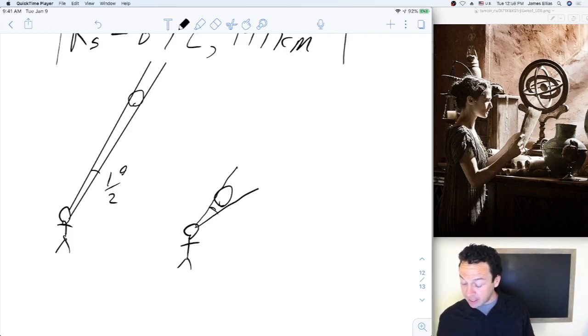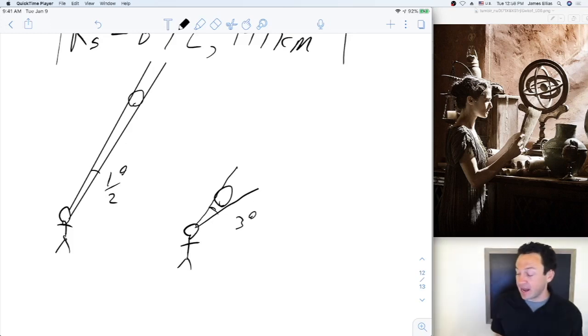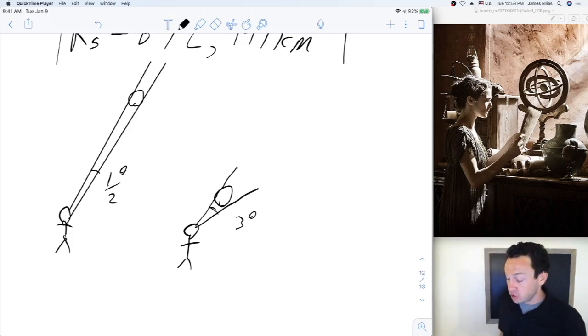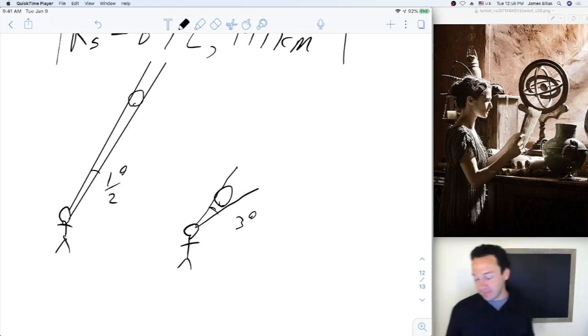Maybe if it was way closer like this, it would take up 3 degrees. I don't know how big that angle is, but the bigger the object is in your field of vision, the more angle it subtends in your vision. So it turns out the moon takes up 1/2 a degree.